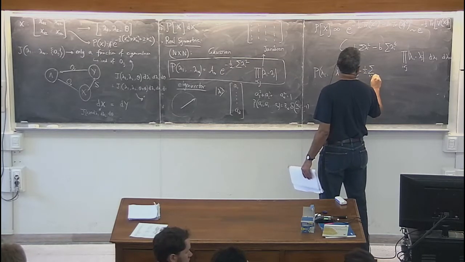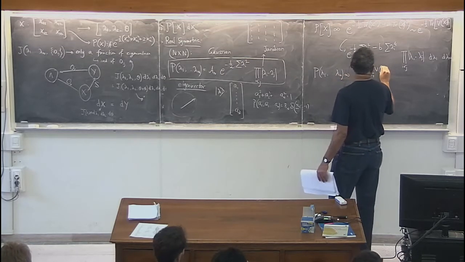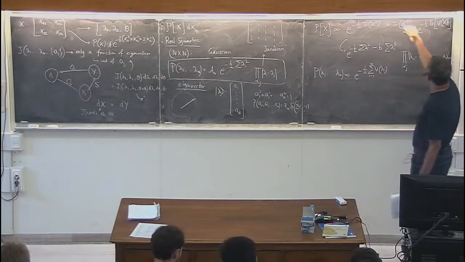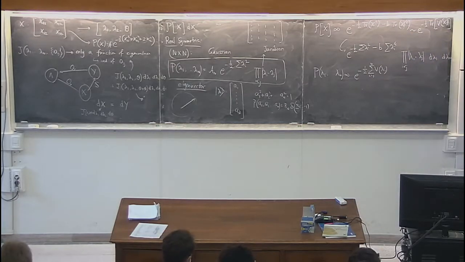So it just becomes the same function V of lambda i, and again you have the same Jacobian factor.